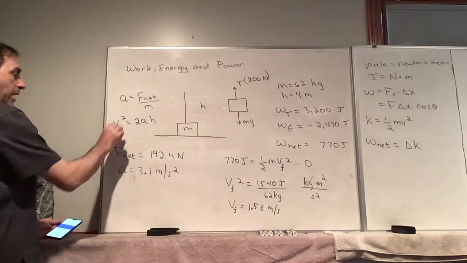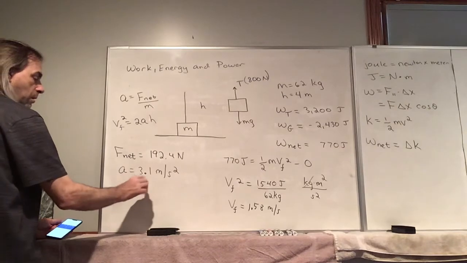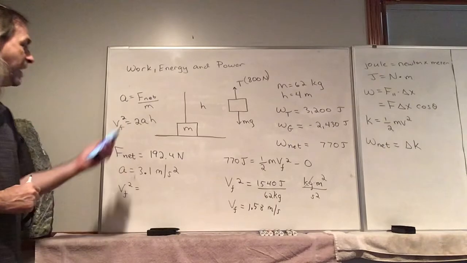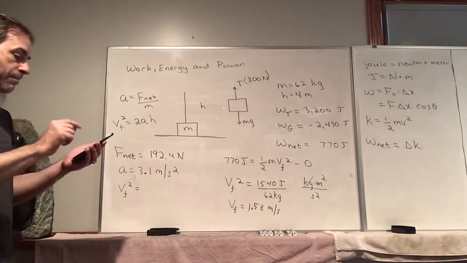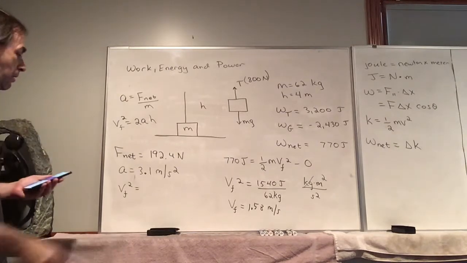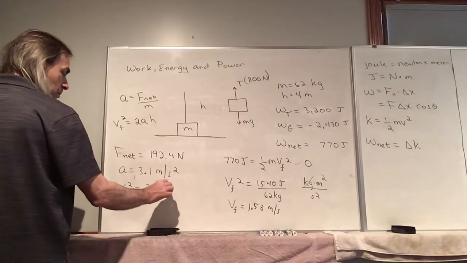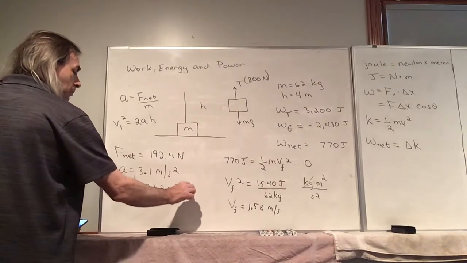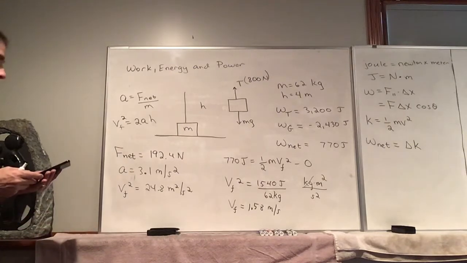And then the final velocity squared would be 2 times the acceleration times the height. So we take that acceleration, multiply it by 2, and then multiply it by the height. That would be meters squared per second squared, since acceleration is meters per second squared times the height in meters. And so let's take the square root.